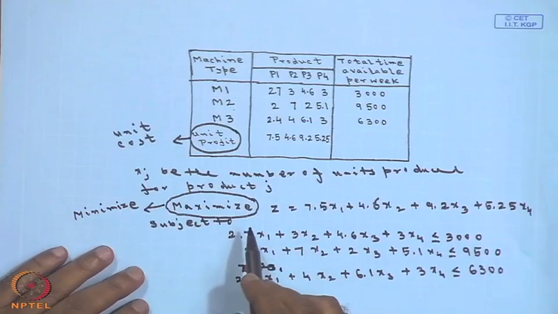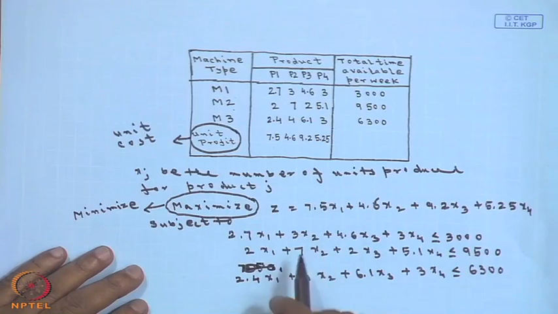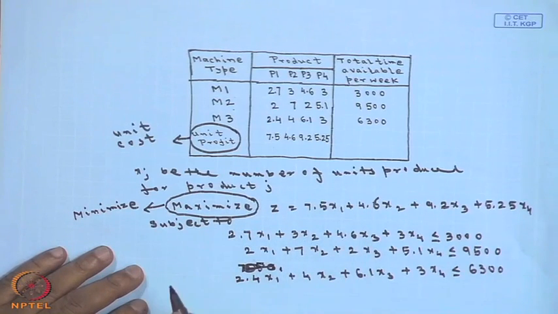So the problem may be a maximization problem or a minimization problem, depending upon what data are available. We want to learn the techniques through which we can solve this kind of problems.